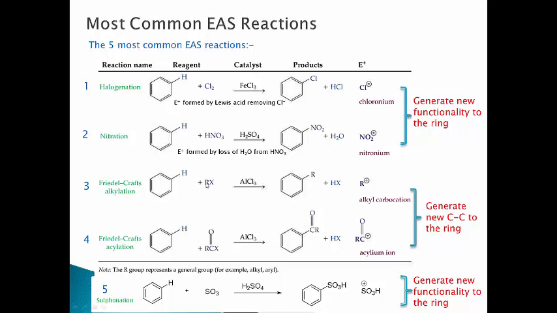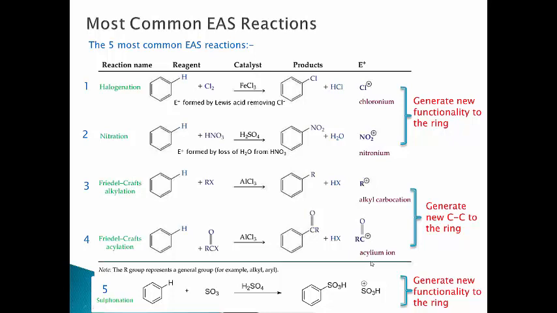The electrophile we're generating here is R+, the alkyl carbocation, and that is what's added onto the ring, just the R. In the acylation, our electrophile that we generate is the acylium ion. So it's the carbonyl with a positive charge, and that's what's added onto the benzene ring.